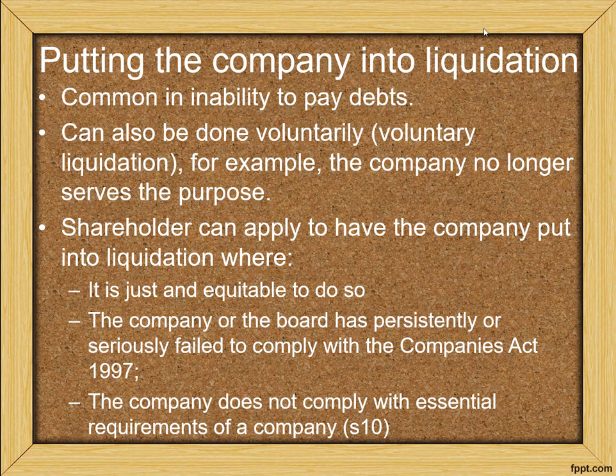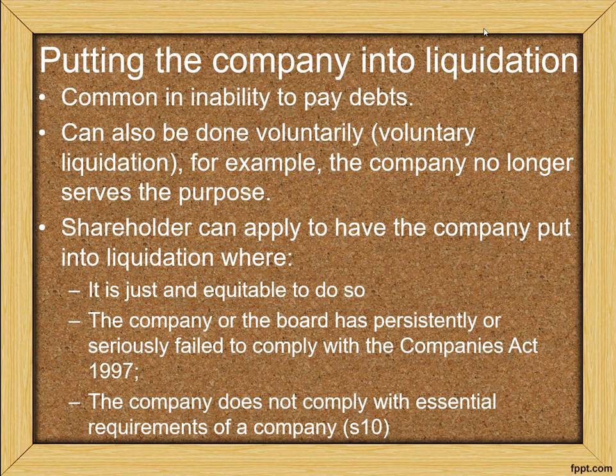Here it is stated where a shareholder can apply to have the company put into liquidation. The first is that it is just and equitable to do so. For example, if the company is performing fraudulent acts or no longer has a purpose, then they can put the company into liquidation. The second is that the company or board has persistently or seriously failed to comply with the Companies Act. And the third is that the company does not comply with the essential requirements of a company. These can be seen in Section 10 and Section 11 of the Companies Act.